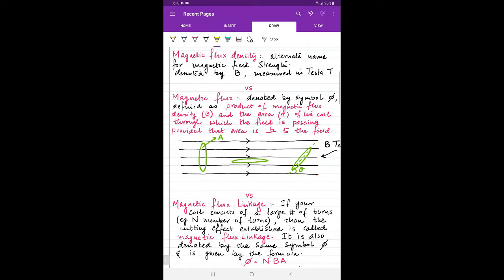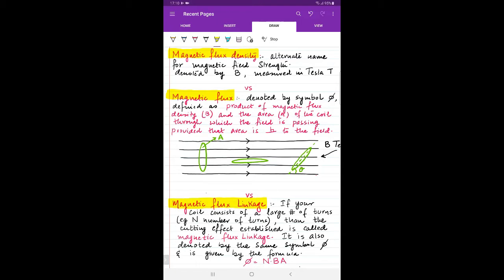The second term, which we will predominantly use in this topic, is magnetic flux. It is kind of similar, with a slight difference. And the third one is magnetic flux linkage. What is the difference between the three?